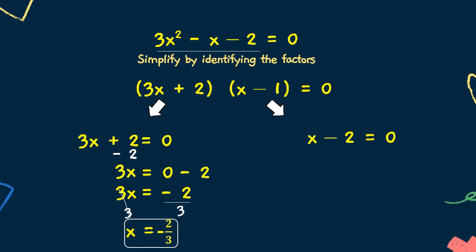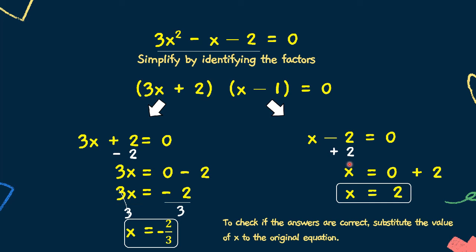Next, we have x minus 2, which is equal to 0. Eliminate negative 2 by adding positive 2. The remaining term is x, and add 2 also. So x is equal to positive 2.